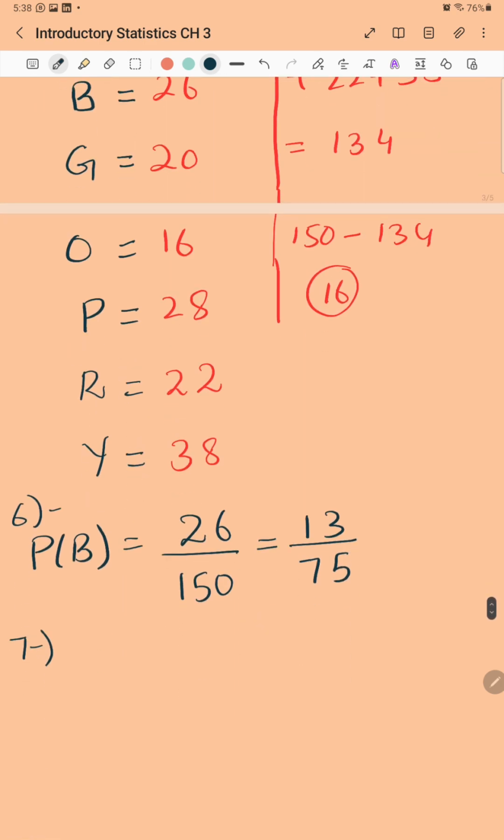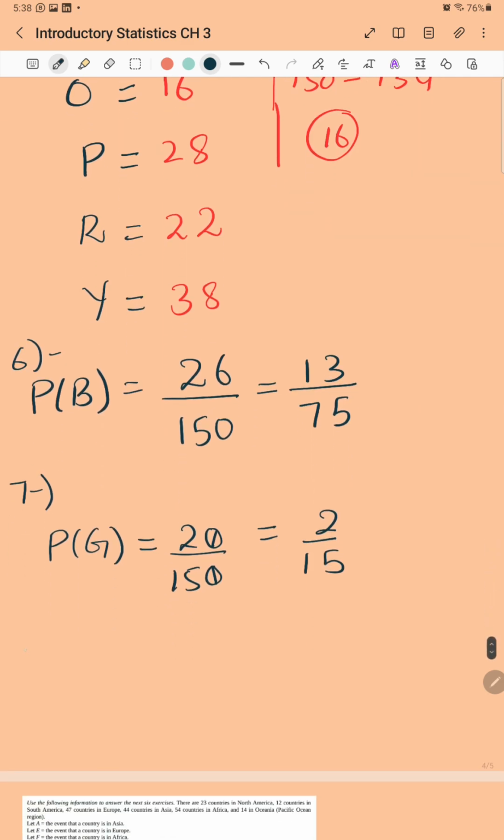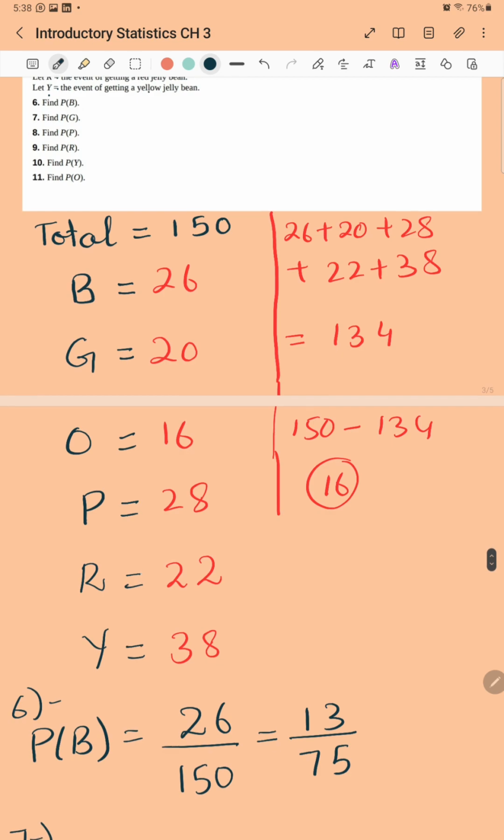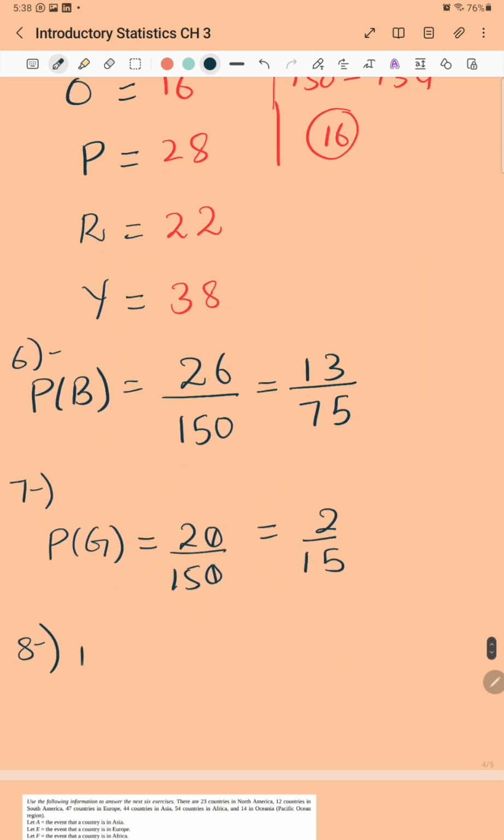Question number 7. Probability of G. What is the probability of G? 20 over 150. Cancelling the zeros, we will get 2 over 15. Question number 8 is probability of purple, which is equal to 28 over 150.